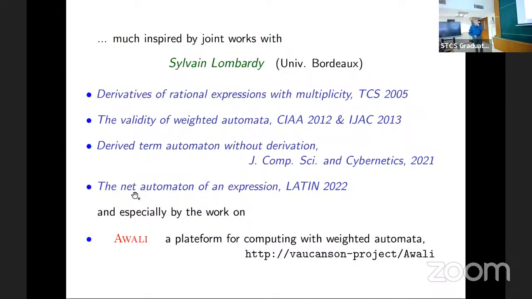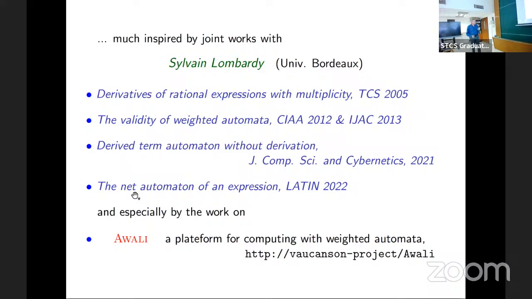There is a bunch of work on the subject, and the last two are the new results, published in 21 and 22, which is not long ago.